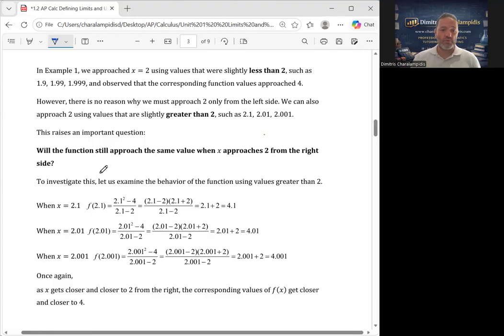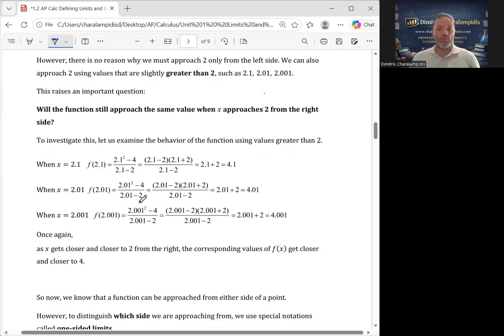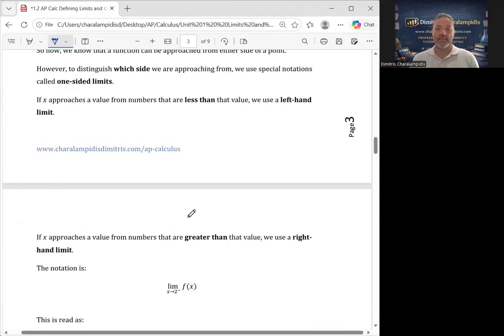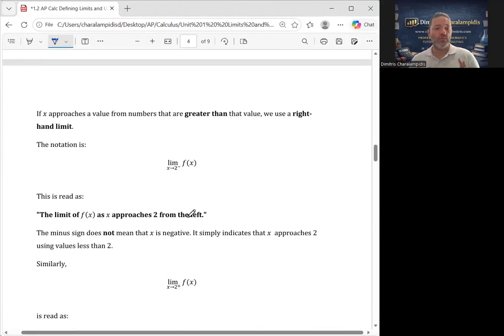To distinguish the direction of approach, we use what we call one-sided limit notation. For the left-hand side, we use a negative sign, not as a subscript but as an exponent.